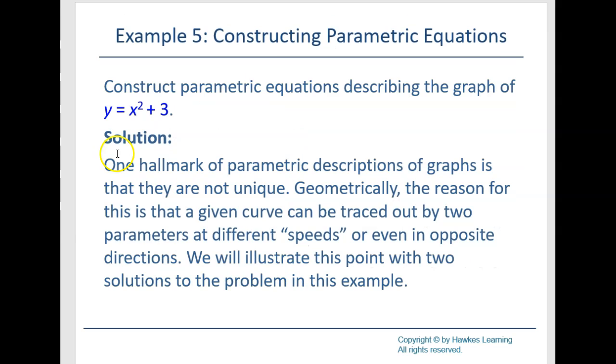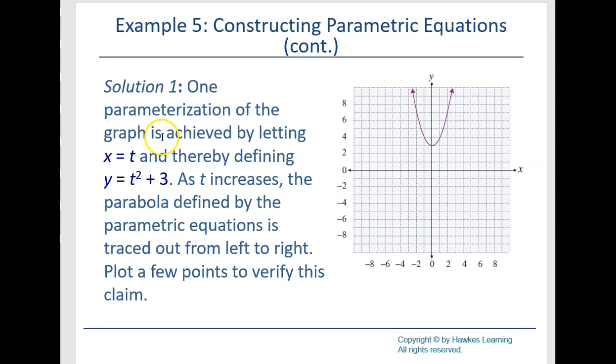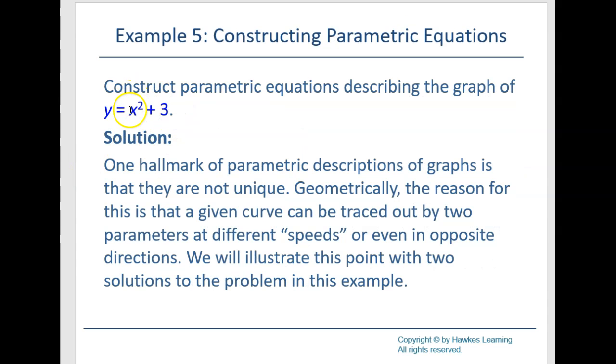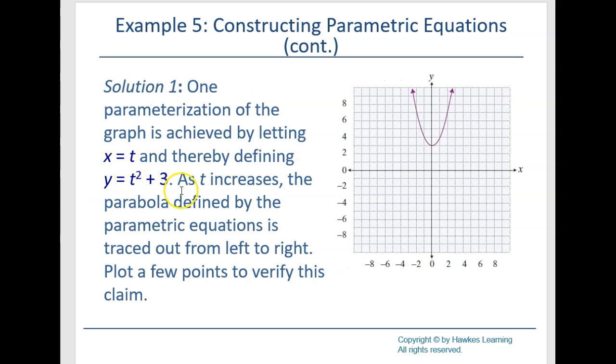Okay, so again, how did I pick it? Y is dependent upon x. Y was isolated, so I let the other variable be equal to the parameter, and then I just replace the variable I let be equal to the parameter with the parameter in the equation, and then I get that.